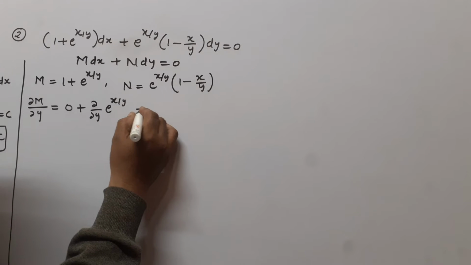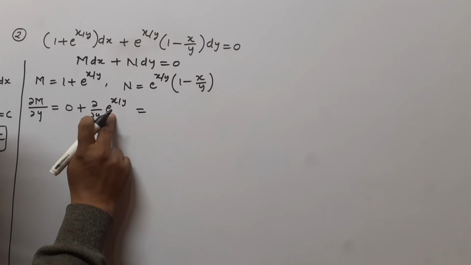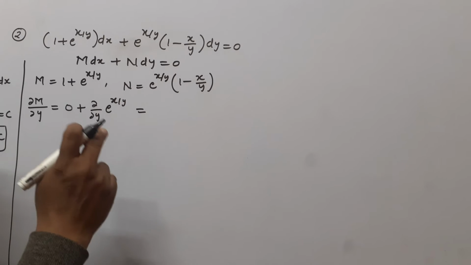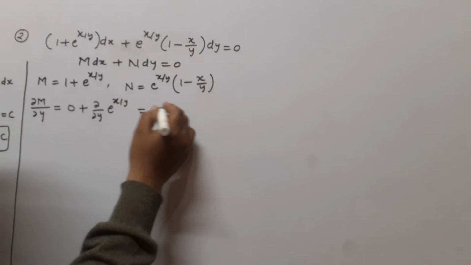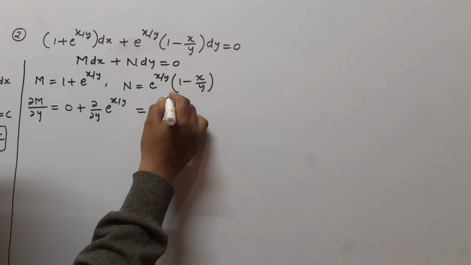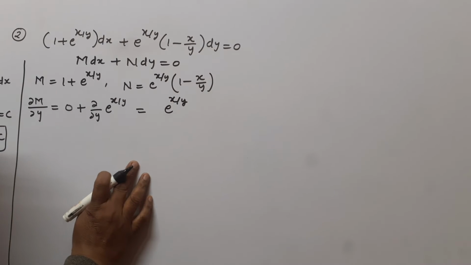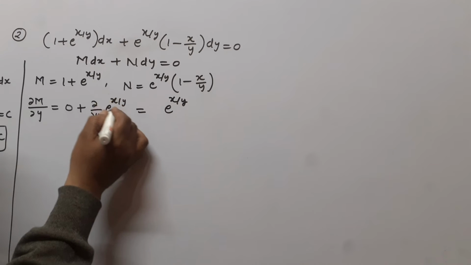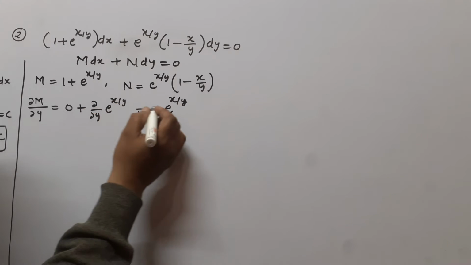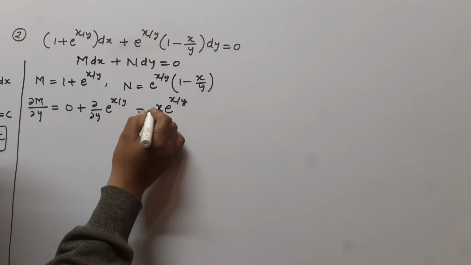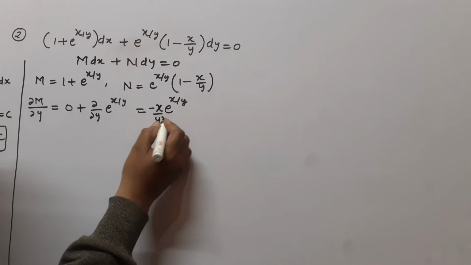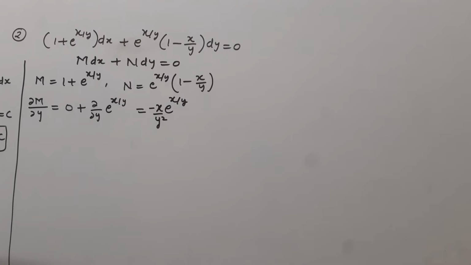The differentiation of e to the power x is e to the power x, so the differentiation of e to the power x by y is e to the power x by y. Now we differentiate x by y: x is constant and the differentiation of 1 by y with respect to y is minus 1 upon y square.